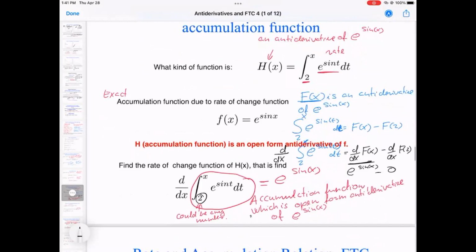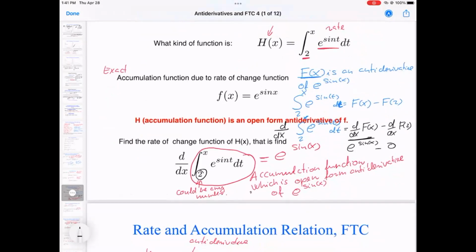So when you take the derivative of the accumulation function, since that's an antiderivative, then basically you undid the procedure, right? You didn't do anything. You just went there and then you came back. So you go back to the rate function, e to the sine x. Everybody's okay with this? Did you guys practice this yesterday with Barbara as well?